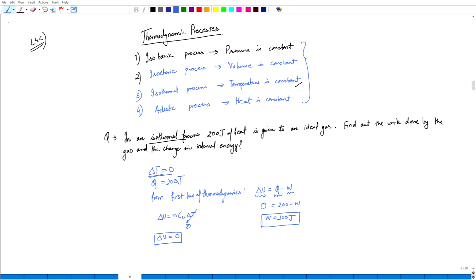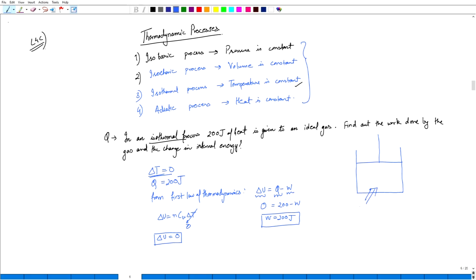If you want to see how the process is going, say we have a piston. Isothermal process means the temperature is always constant.